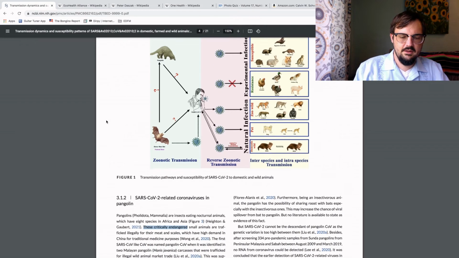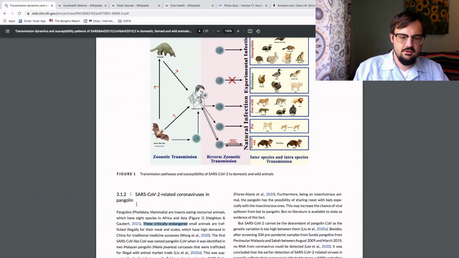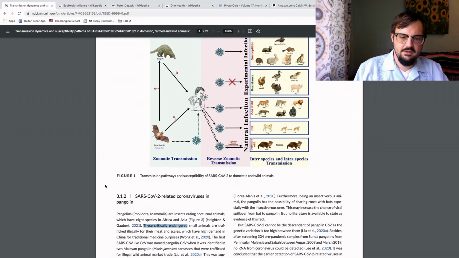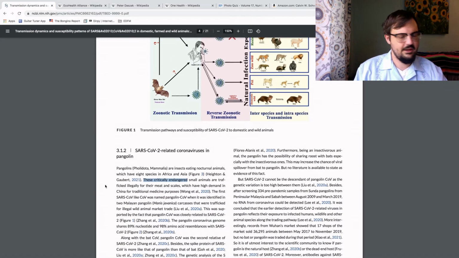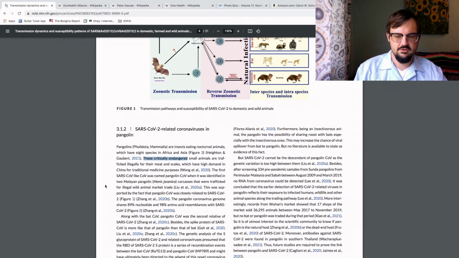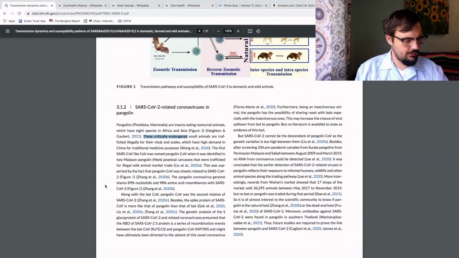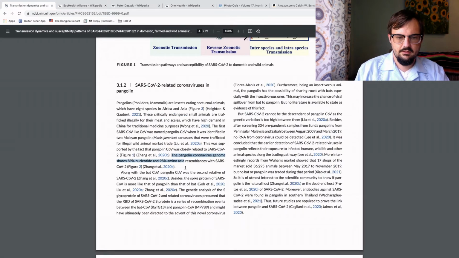But pangolins, they're critically endangered. There just aren't that many of them, so it just doesn't pass the smell test, if you will, with the idea that they could play a big part in a global pandemic that's destroyed the entire economy of the world. And then furthermore, the pangolin C genome shares 89% nucleotide and 98% amino acid resemblances with SARS-CoV-2.